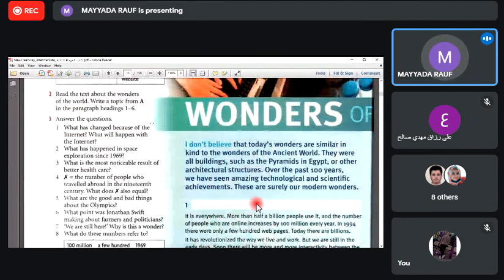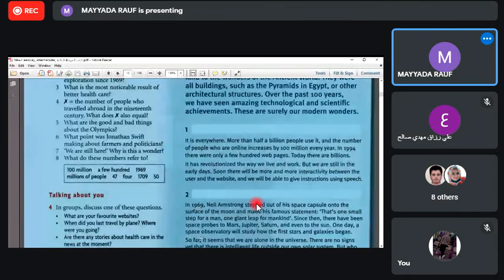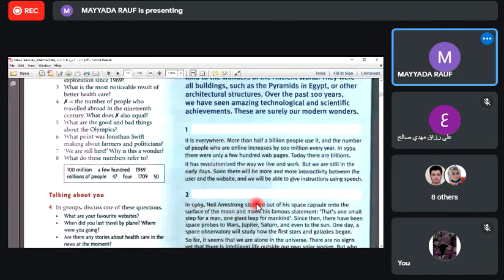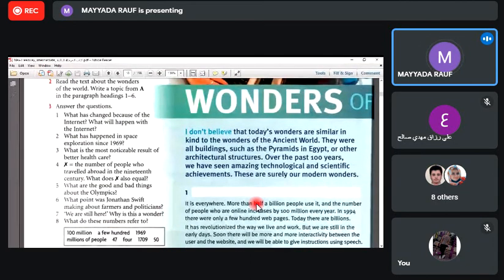So here we have a paragraph which is wonders of word. Okay, let's first read it. The wonders of word.